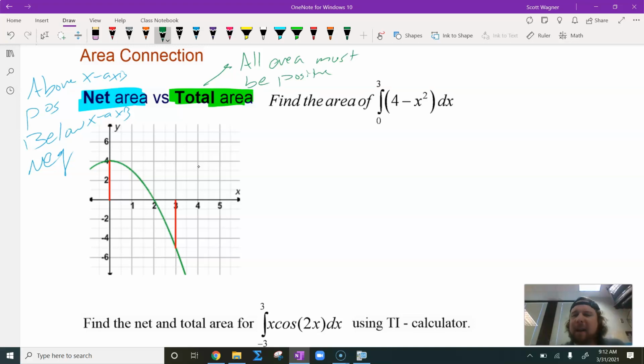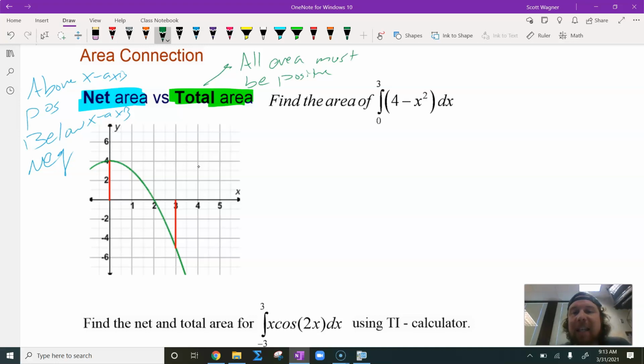And what I mean by that is, don't just look at the positive area, because you still want to use the area that's underneath the curve. But if it is going to be a negative area per se, make it positive. That's what it means. All area is going to be positive. So there's a couple different ways to do that that we'll take a look at here.